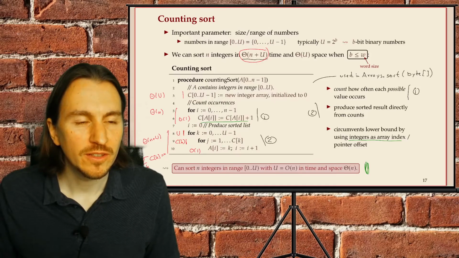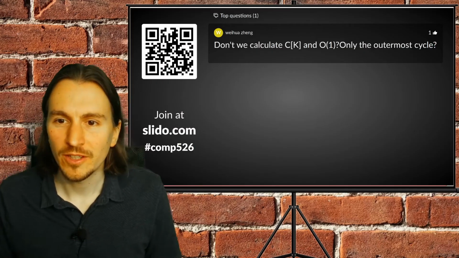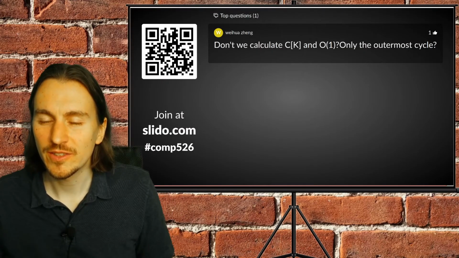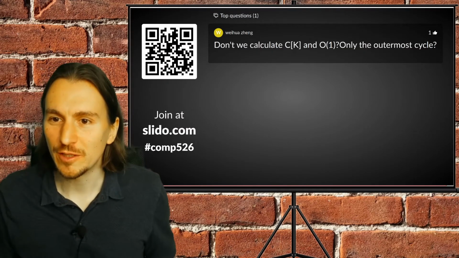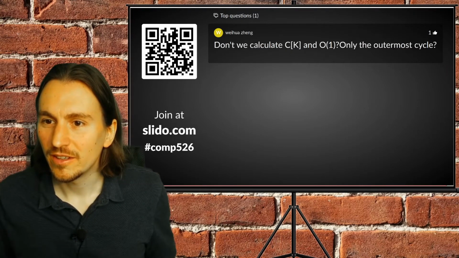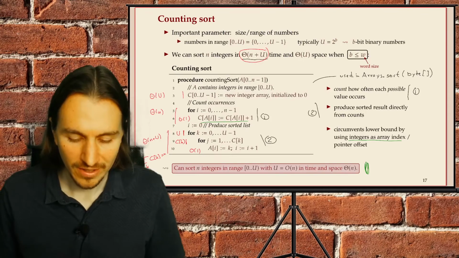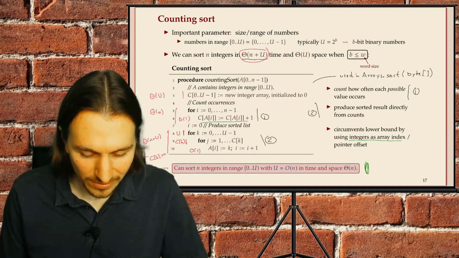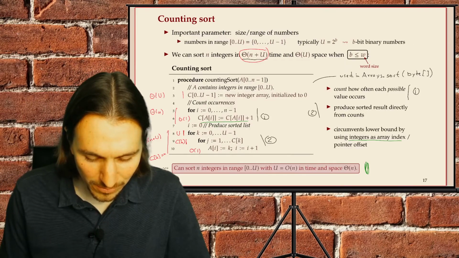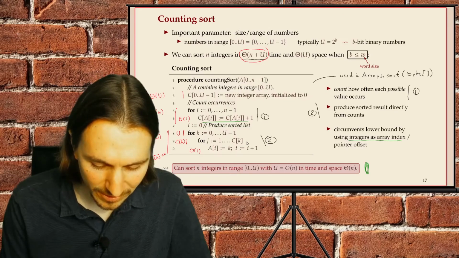There was a question on the analysis. Don't we calculate C of k in the outermost cycle? So let's, not sure where that applies.